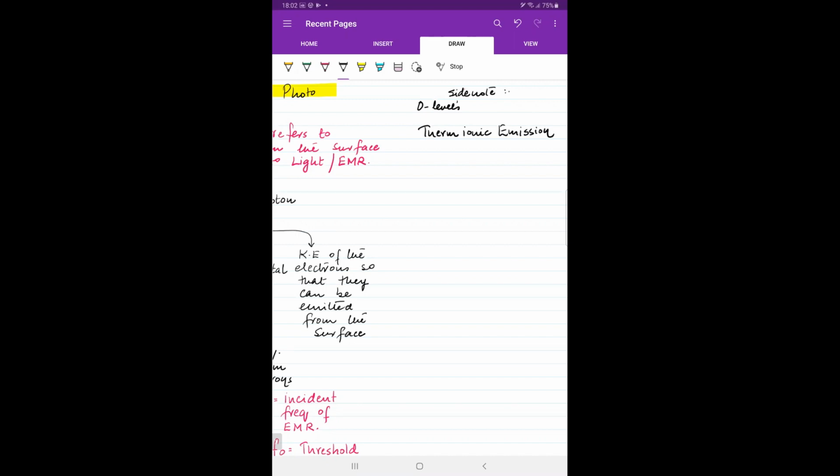And so far as the definition goes, it meant emission of electrons from the surface of a metal by supplying thermal, referring to heat energy.